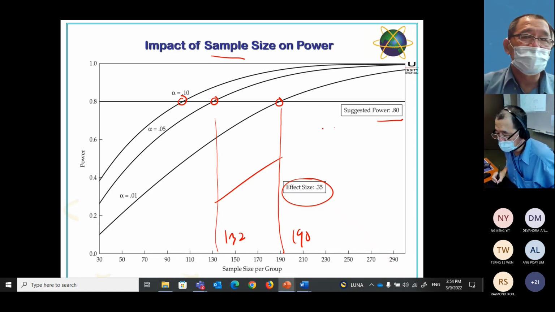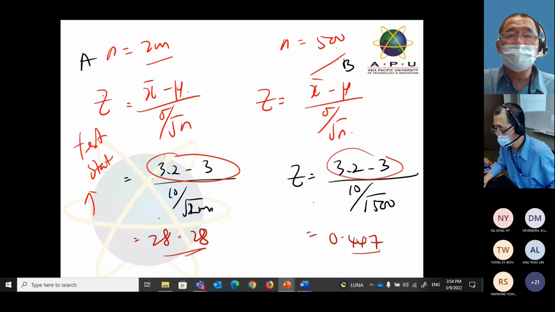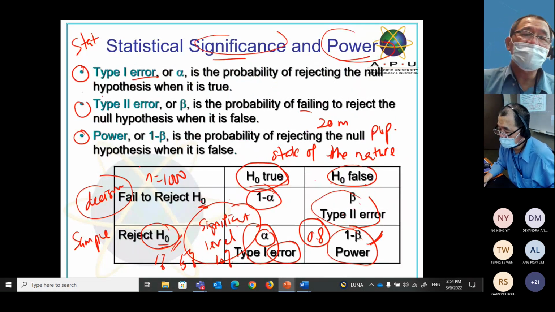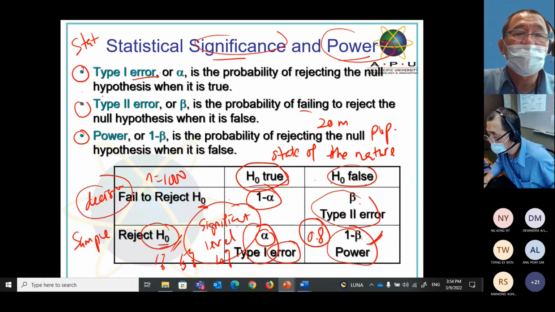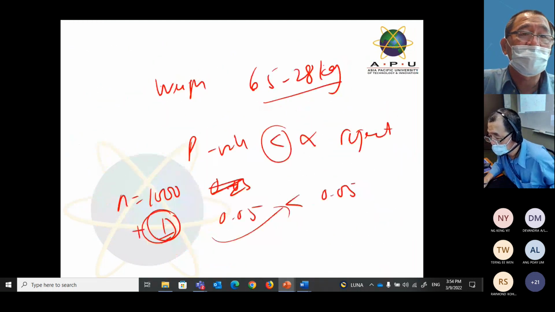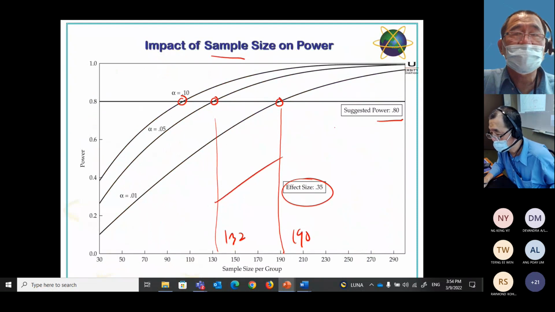Actually, this is just a calculation. You see, power is 1 minus beta. Of course, there is a formula to do the calculation. But I think there's no need to be so technical. You just need to understand the concept, the idea. Next.